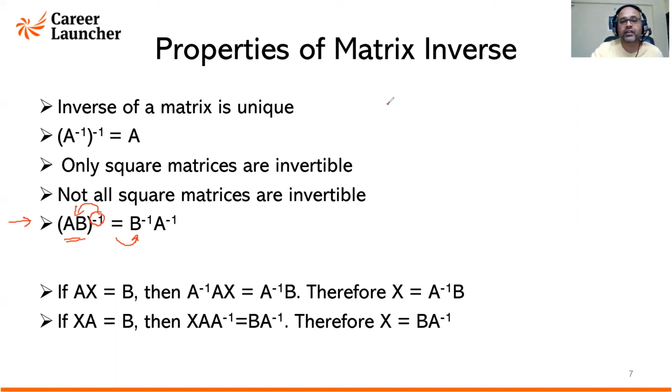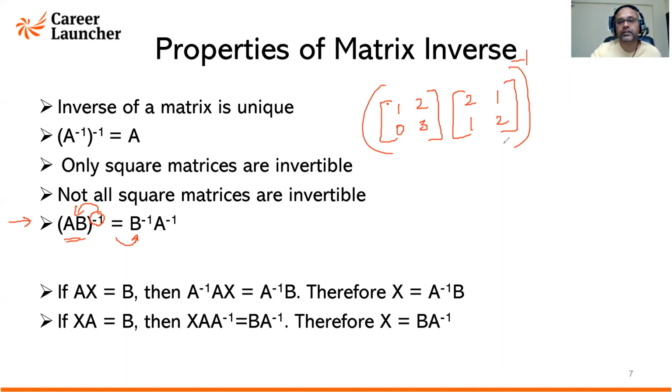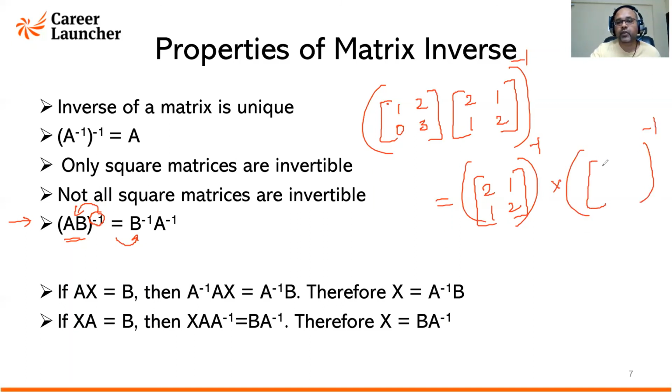So if I write 1, 2, 0, 3 multiplied with 2, 1, 1, 2, and I want to find the inverse of this, it is the same as finding the inverse of 2, 1, 1, 2, multiplied with the inverse of 1, 2, 0, 3. In the next session, we will see how to find the inverse of these matrices.